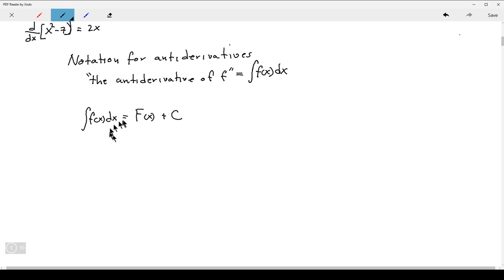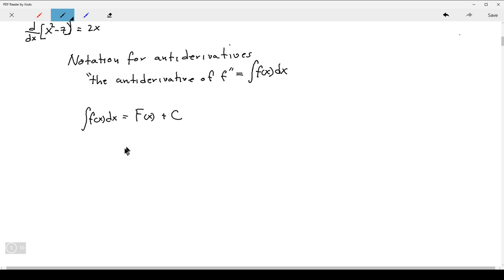All right, so now let me talk about this dx for a minute. We have some properties of antiderivatives, one of which is if I have an equation, I can take the antiderivative on both sides. Just like if you have an equation, you can take the derivative on both sides. We've done that before, implicit differentiation.